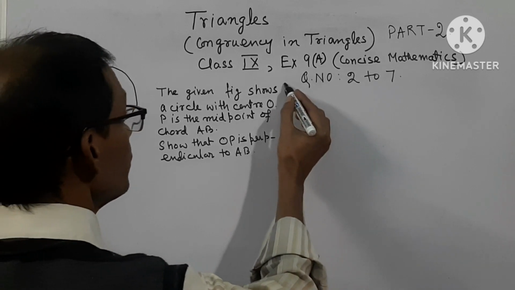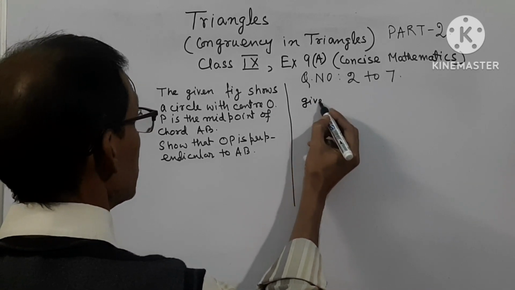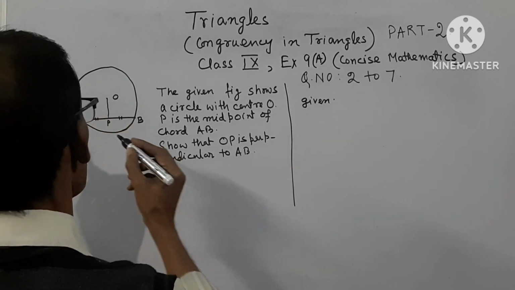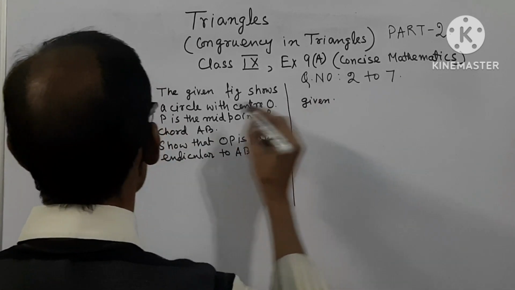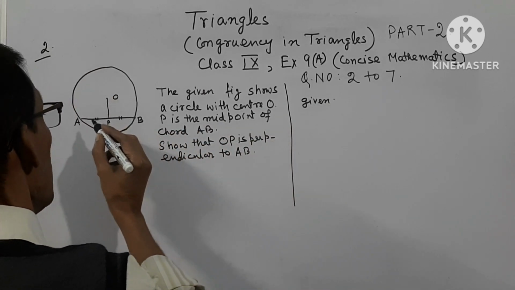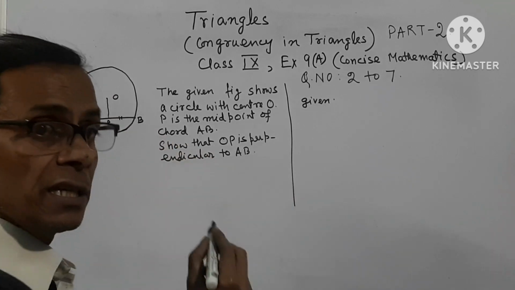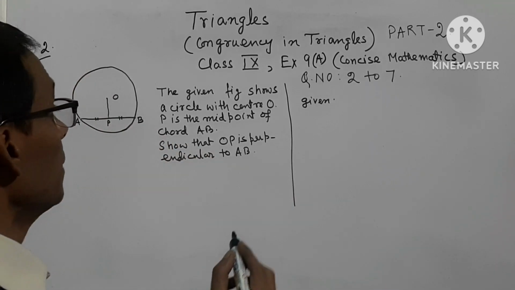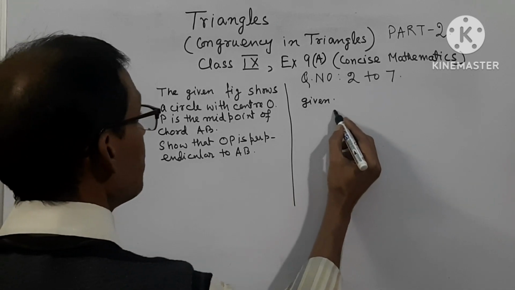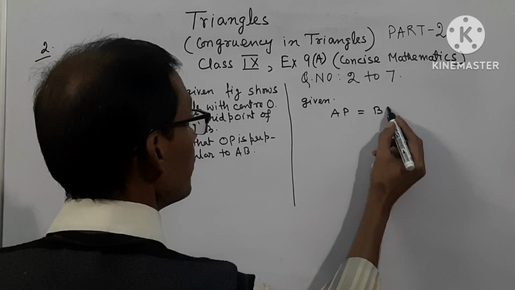Okay, let's write what are the given things. Given: P is the midpoint of AB. What does it mean? It means that P is bisecting line segment AB. That means AP equal to BP.